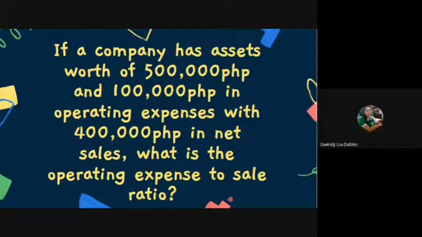So, pila man ang atong operating expense? We have 100,000. Then, our net sales is 400,000. Kani si half million for assets is a distractor, no? Para malibog lang mo. Of course, you have to analyze carefully in order to arrive at the correct answer.